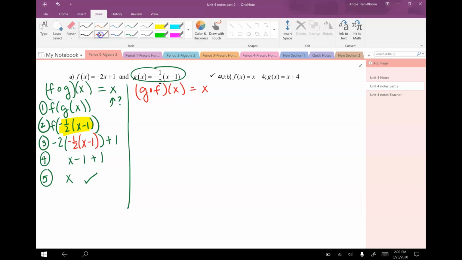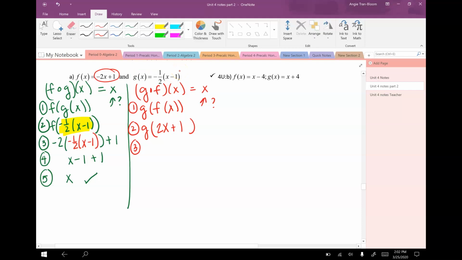So now we do the same thing on the right side, g composed with f of x. Step number 1, by definition, it's g of f of x, and again we're trying to see, does it really equal x? Step number 2, g of, find what f is. F was this one right here, so we write in 2x plus 1. Step 3, now look at the g function.